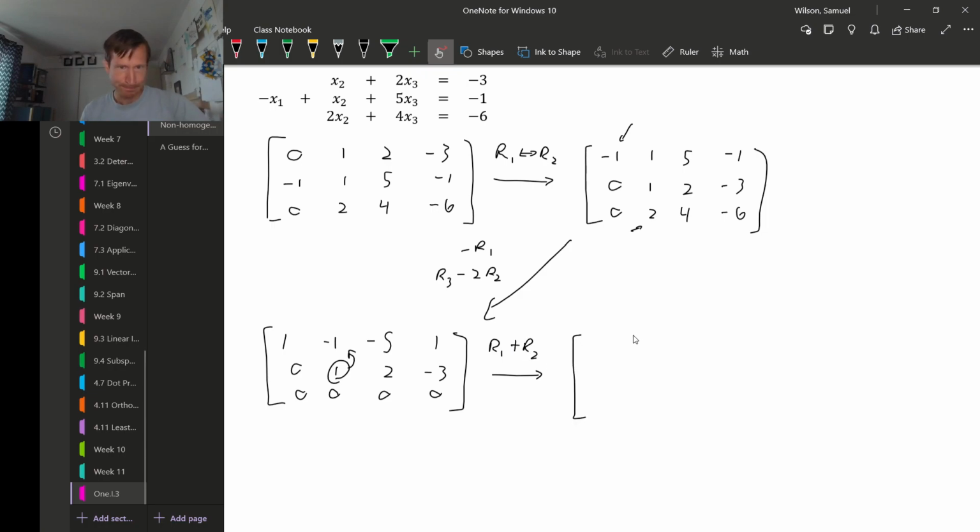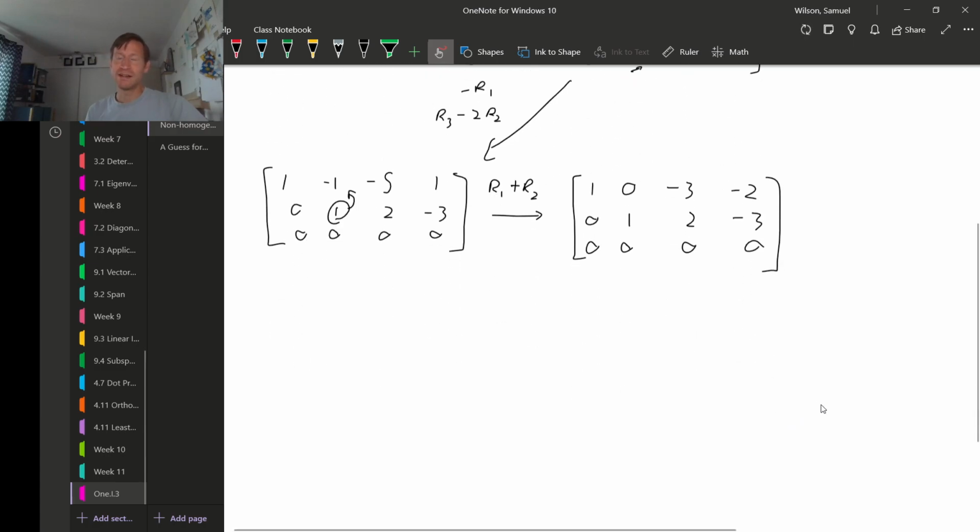Okay, this gives us 1, 0, minus 3, minus 2, and then 0, 1, 2, minus 3. And then, of course, a row of zeros at the bottom. All right, so now we're all the way to reduced row echelon form.